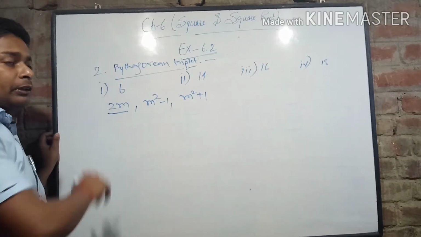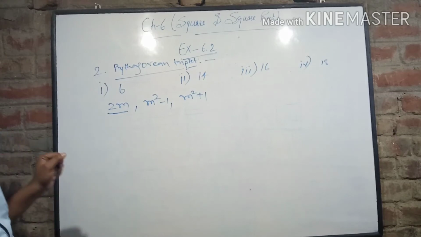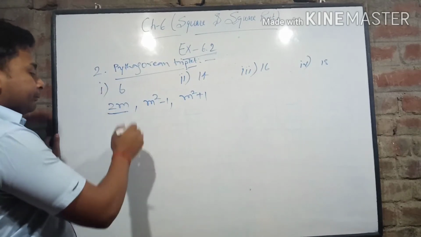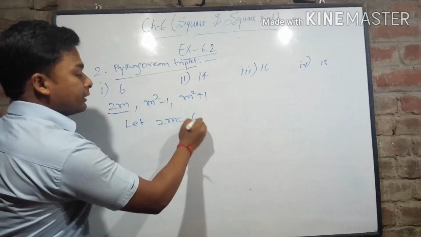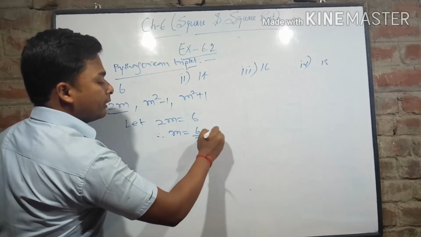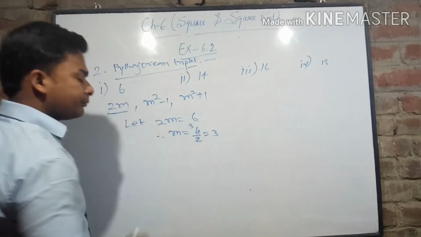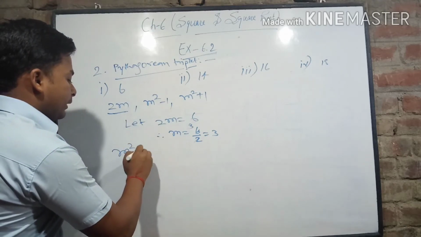So I am solving the first one. Kindly concentrate because other parts will be solved by my students only. So let 2m be equal to 6. Here we can get the value of m is equal to 6 upon 2, that is equal to 3. Now my dear, what is the second part? m square minus 1.